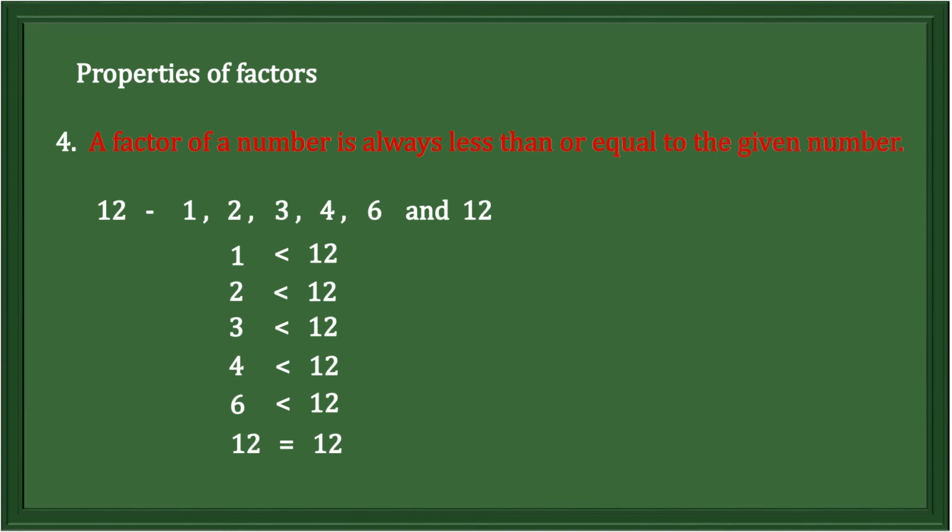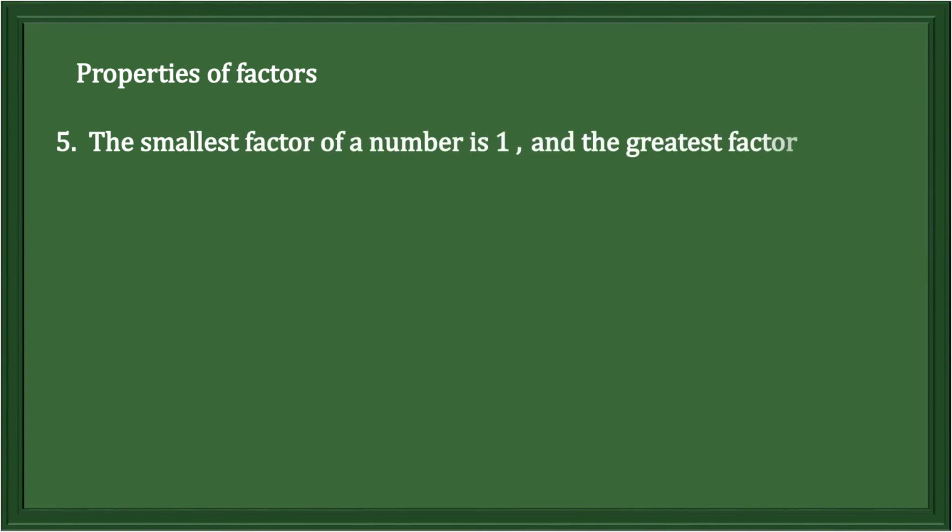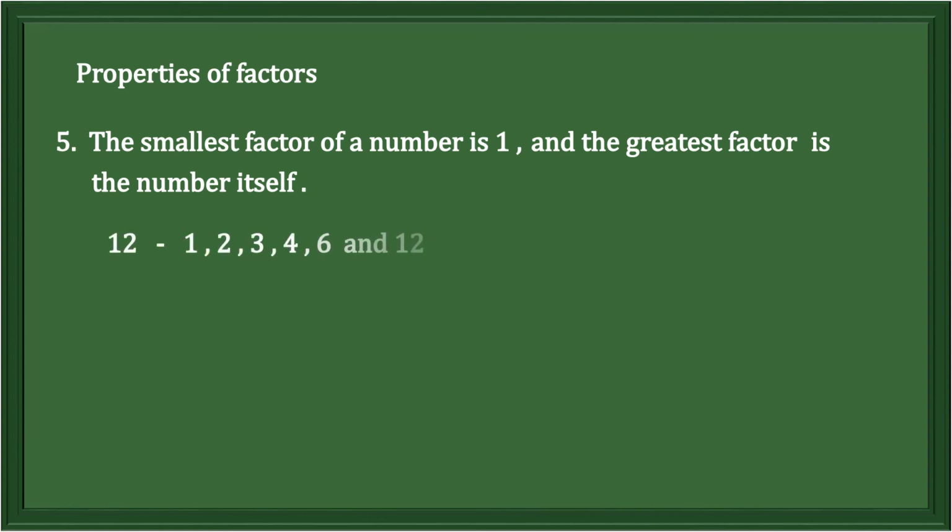Now we know that a factor of a number is always less than or equal to the given number. From the property number 4, we get the property number 5. The smallest factor of a number is always 1 and the greatest factor is the number itself. From the previous examples, the factors of 12 are 1, 2, 3, 4, 6 and 12.